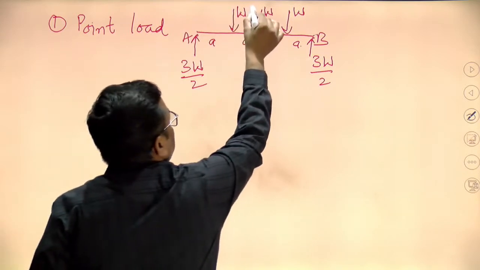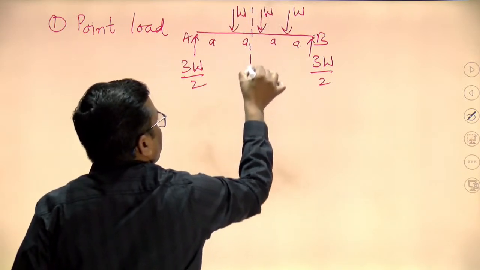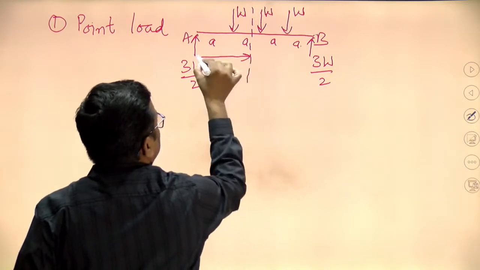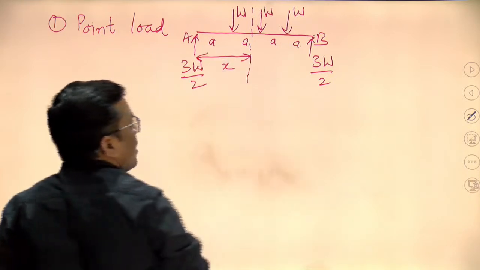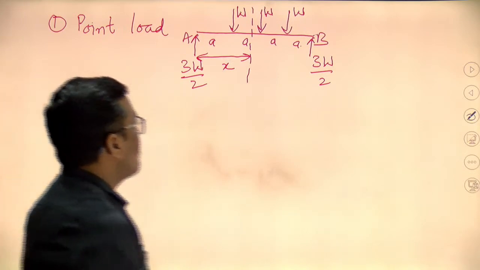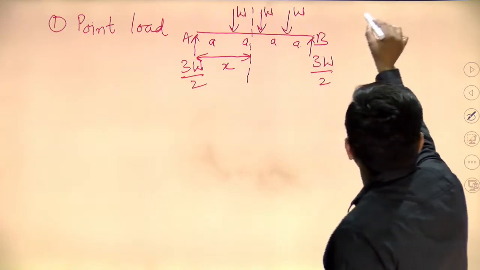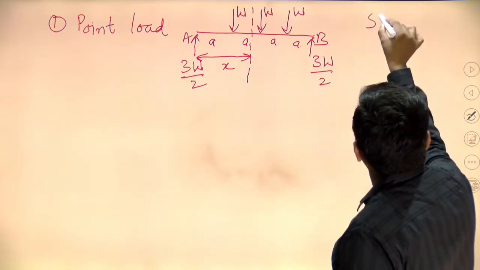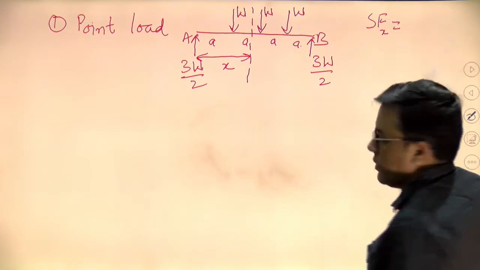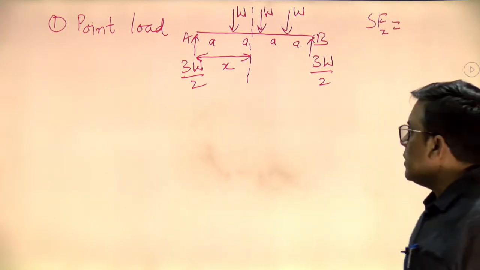Just take a section here, which is at x distance from point A. Clear? Now, shear force at the section which is at x distance. According to our definition, what is it?